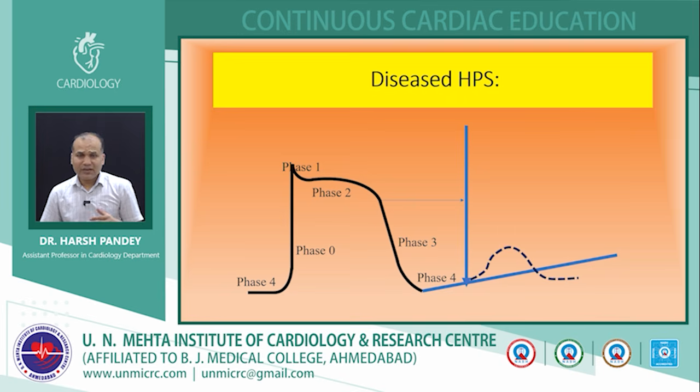It will not be able to generate the action potential. Because of long pauses, if the patient has a diseased His-Purkinje system, they will start developing phase 4 activity. Whenever the impulse arrives at the phase 4 level, it will not be able to generate the action potential, and the patient will develop complete heart block, in that the P wave will not be connected to the ventricle.